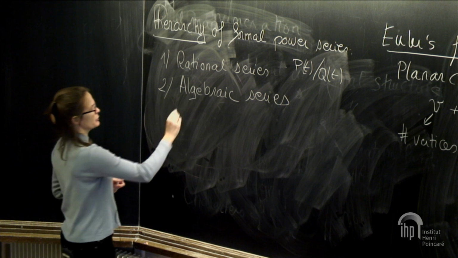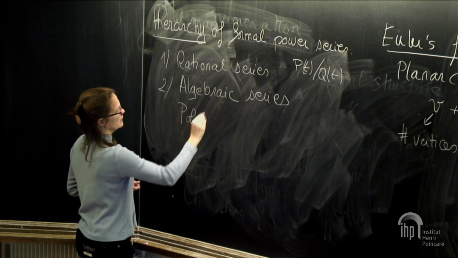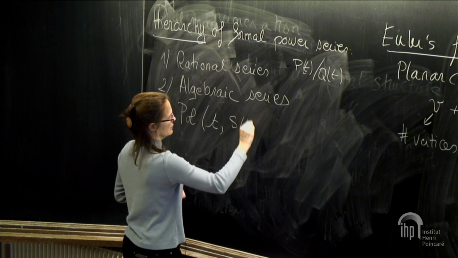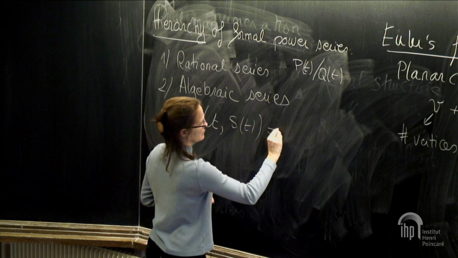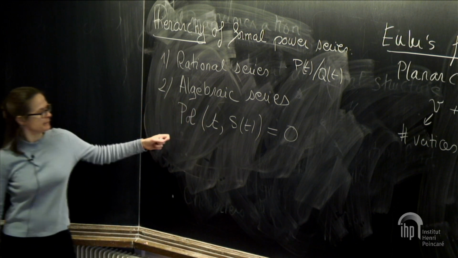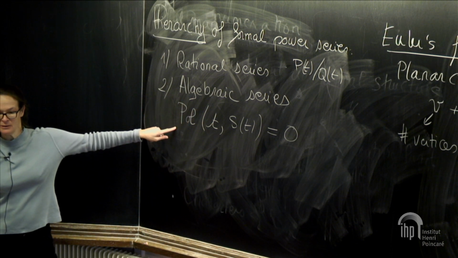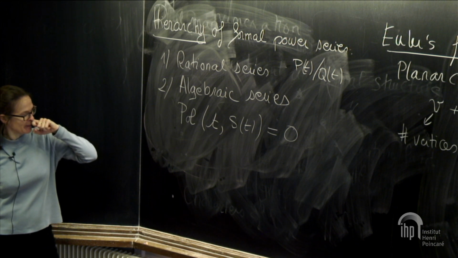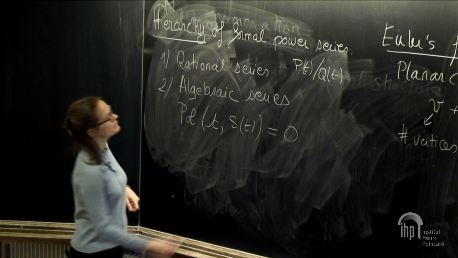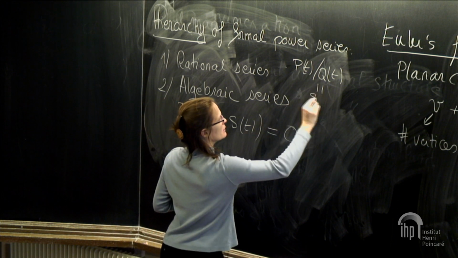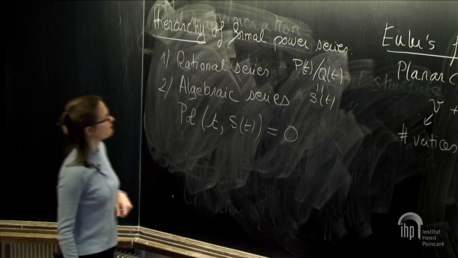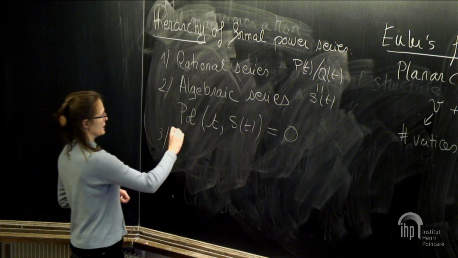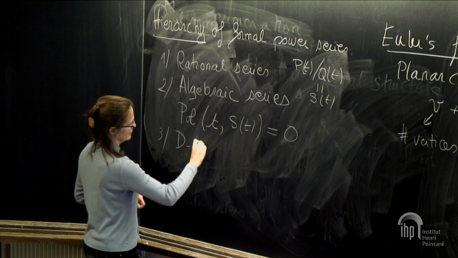And this means that you have a certain polynomial in the variable, and your series, that vanishes. So of course a non-zero polynomial, otherwise there's not much information. Then comes a third class, which is called the class of D-finite series.